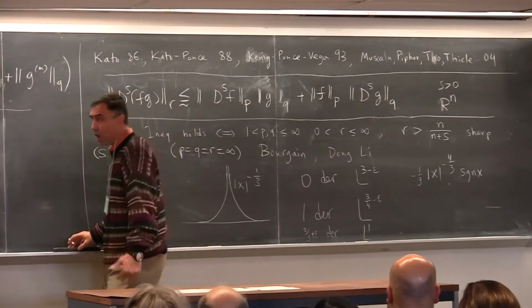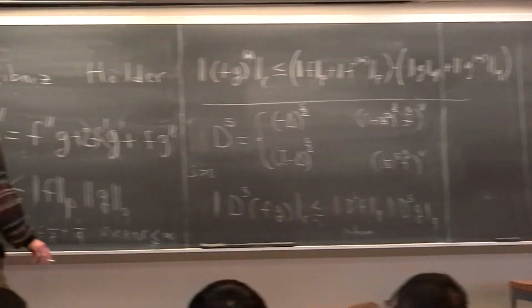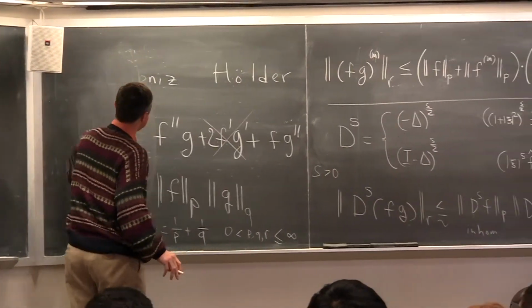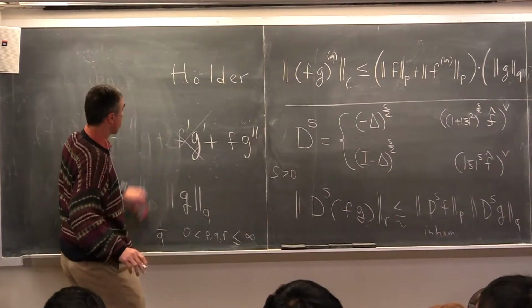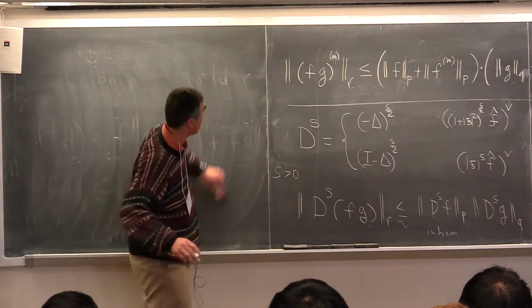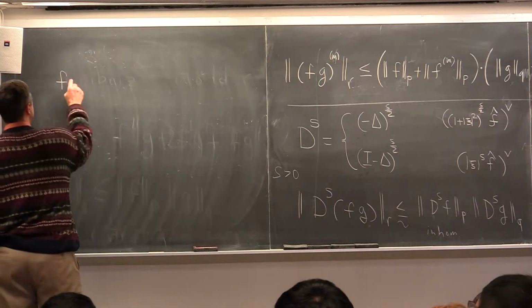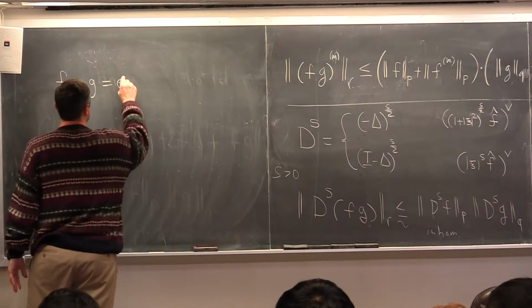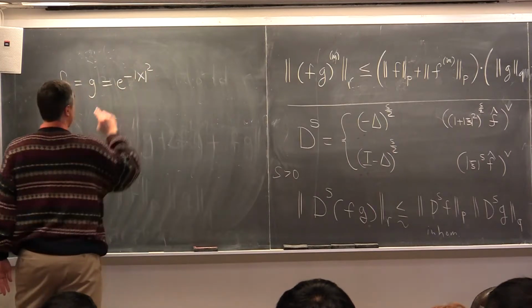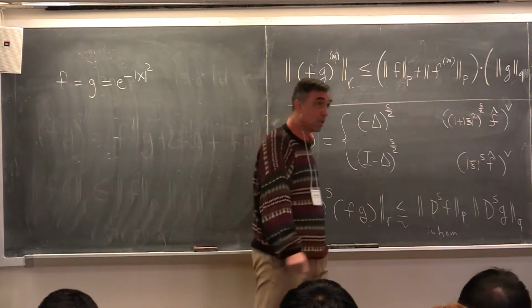So why is the theorem sharp? The theorem is sharp because there's a counterexample. And the counterexample came before the theorem. And the counterexample is: take the simplest possible function you can think of, e to the minus x squared in any dimension.